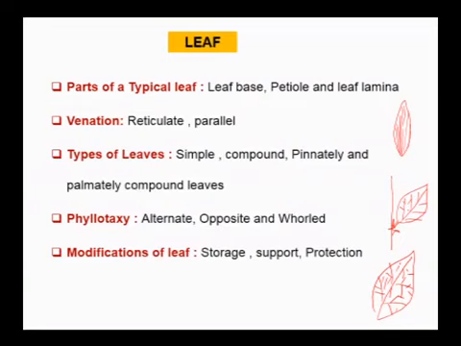When the leaflets or pinnae are arranged parallelly along the rachis, it is pinnately compound, and when the leaf lamina is dissected at the apex into leaflets, then it is palmately compound. Both are compound leaves, and when there is a single lamina, it is called a simple leaf.